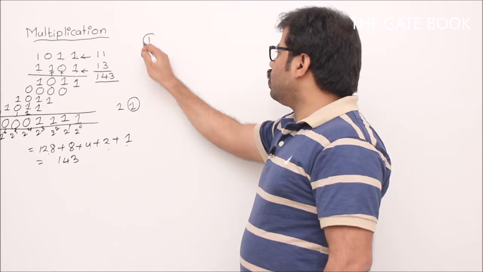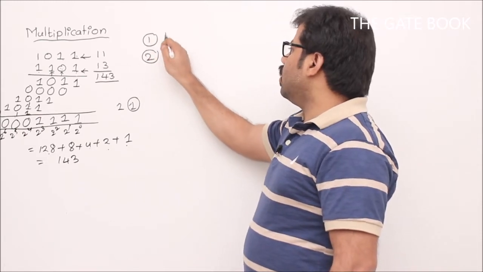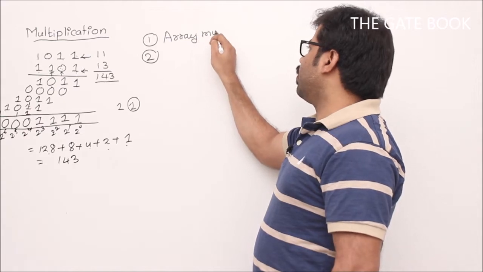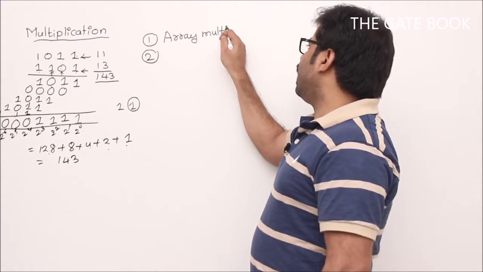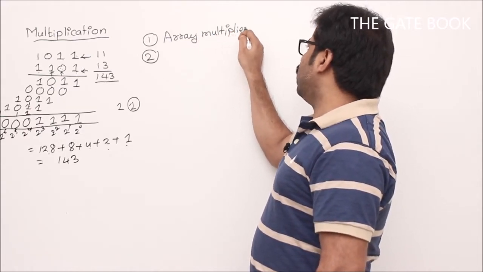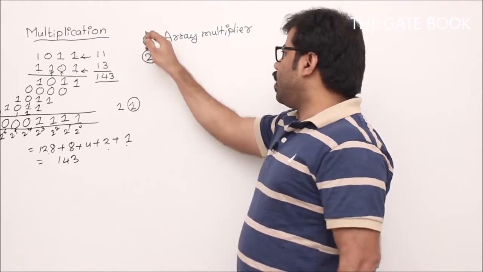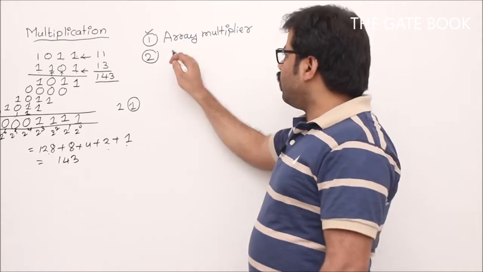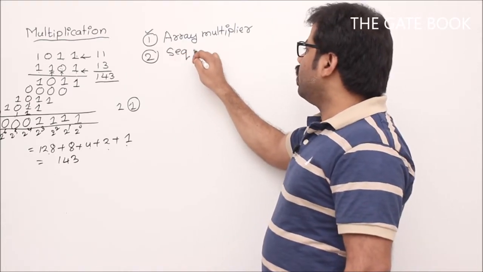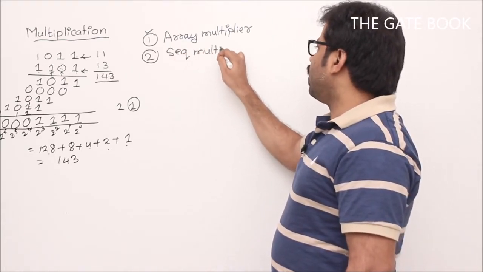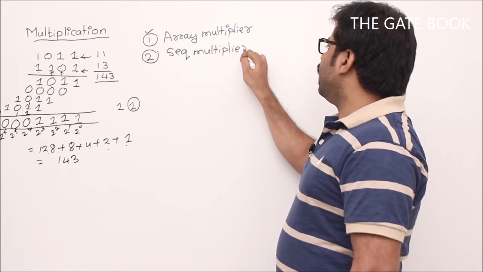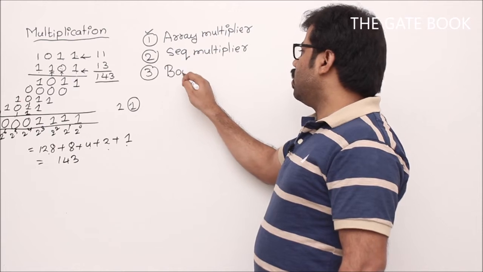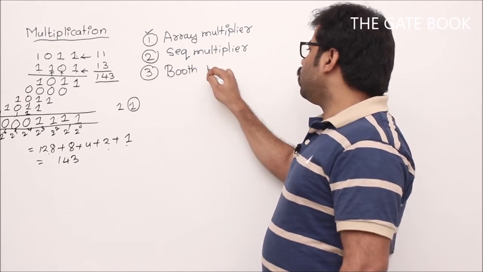I'm going to teach you three things. One is the basic model and very fast, which is the array multiplier. But it takes a lot of space. We will see that slowly. So first I start with the array multiplier, which directly takes this idea. Second one we will see is the sequential multiplier. Then we see the optimized multiplier, which is the Booth multiplier.